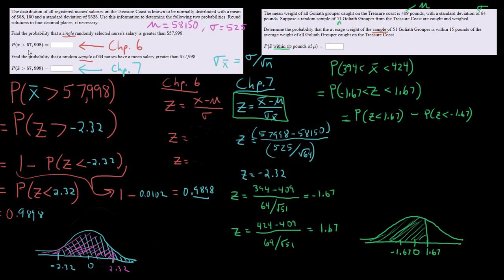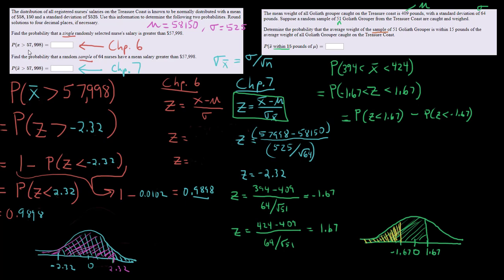Everything to the left. Now, clearly, that's too much because we just want the region between positive 1.67 and negative 1.67. But when I go and look up negative 1.67, I get all the area to the left of negative 1.67, which is the yellow. Basically, the yellow was the excess that I wanted to get rid of.